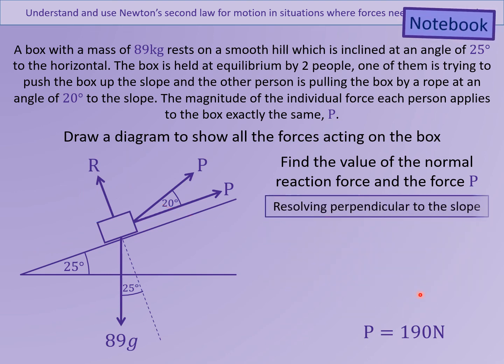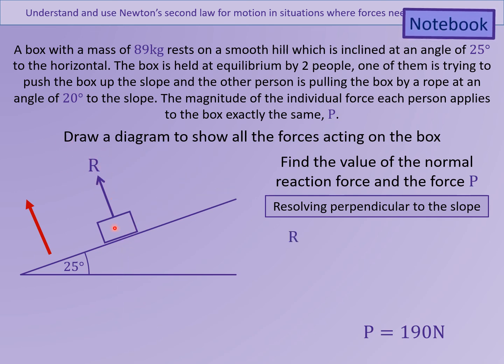So if we're looking at resolving perpendicular to the slope, what are the forces acting perpendicular? Well, we definitely have the full R. All of it is acting perpendicular to the slope. We've also got a bit of this person who was pulling with a rope. They're lifting that box slightly off the slope.